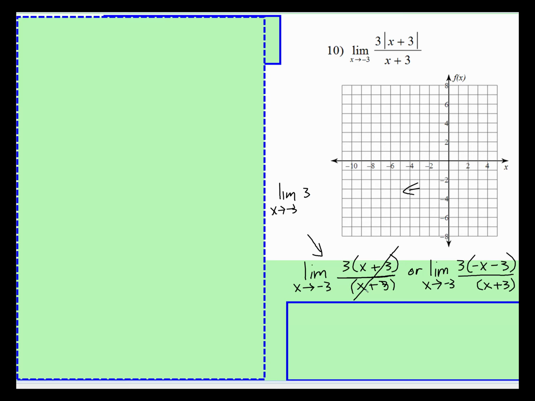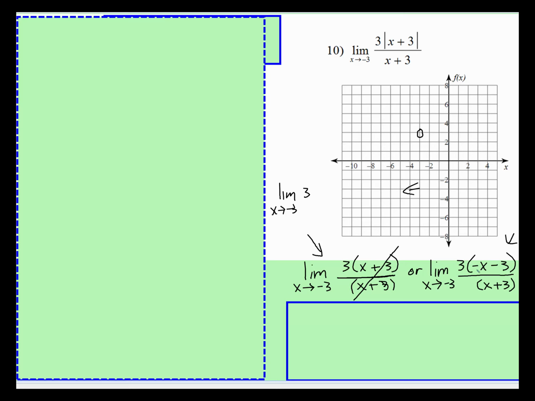But remember, so if we look at negative 3 and we go up, there has to be a hole right there, because down here in the denominator, even though they cancel out, when x is equal to negative 3, wherever that line is graphed, there will be a hole at negative 3.